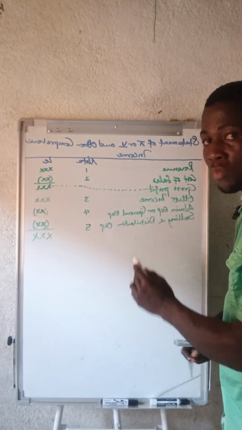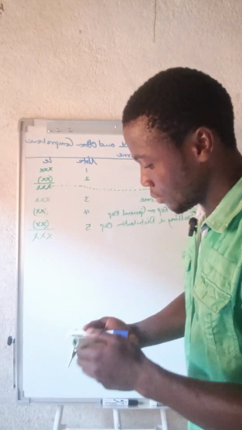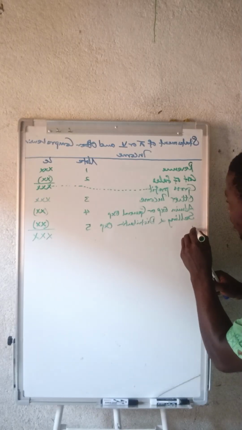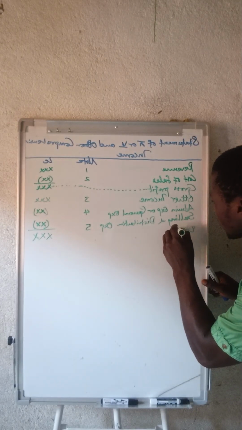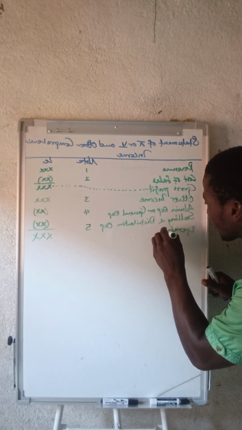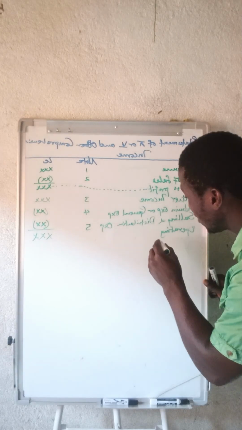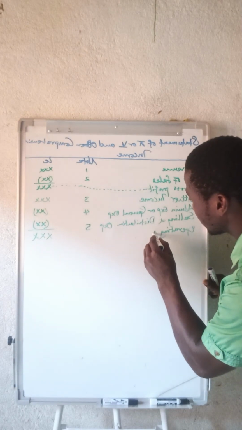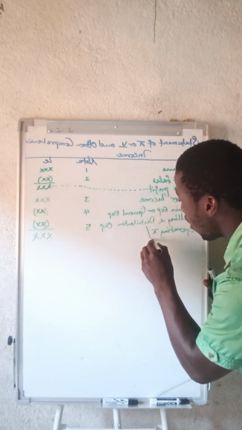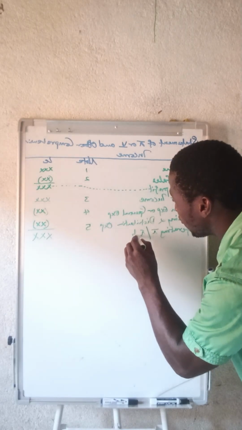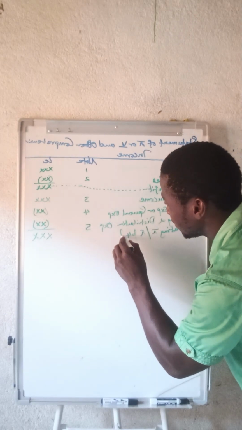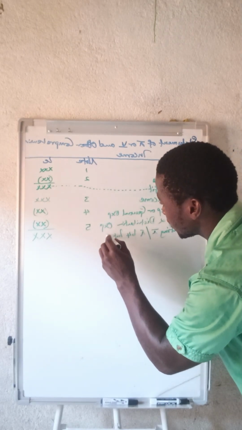We call it what? Operating profit, or profit before interest and tax.